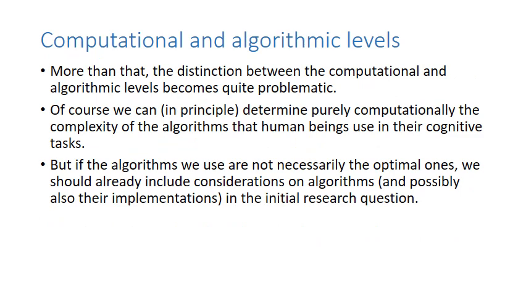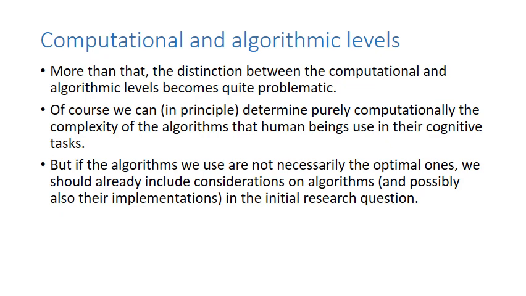But this is not all, because if we expand the paradigm to considerations about the actual algorithms that human beings use when they solve mathematical problems, the whole distinction between the computational and algorithmic levels becomes quite problematic.